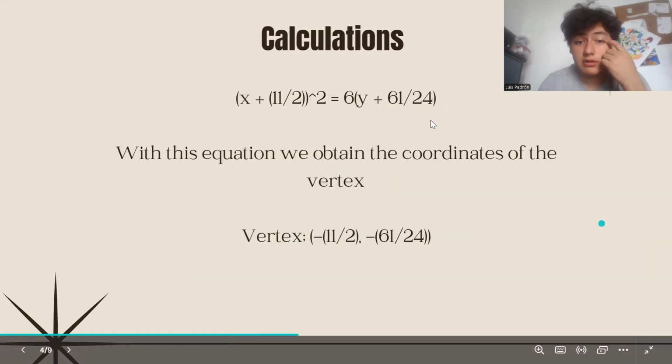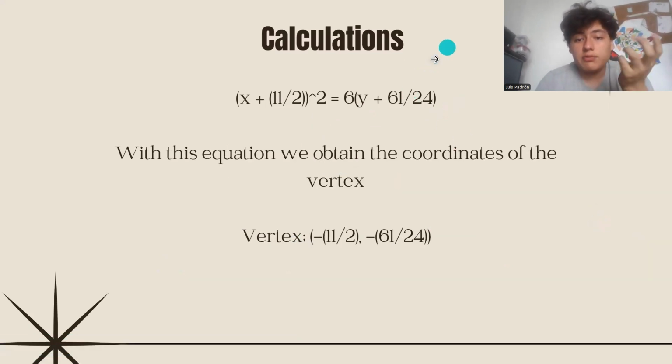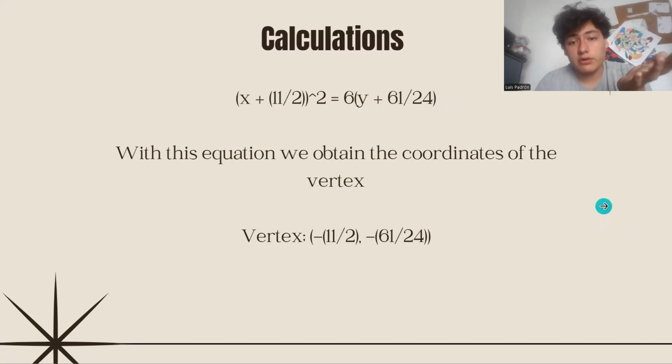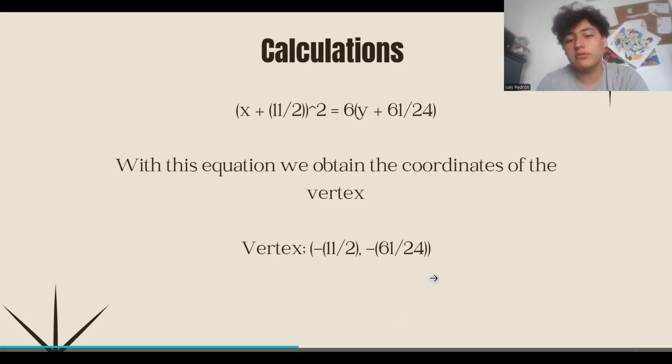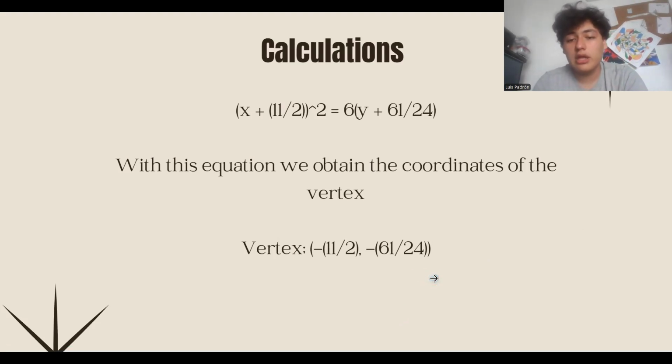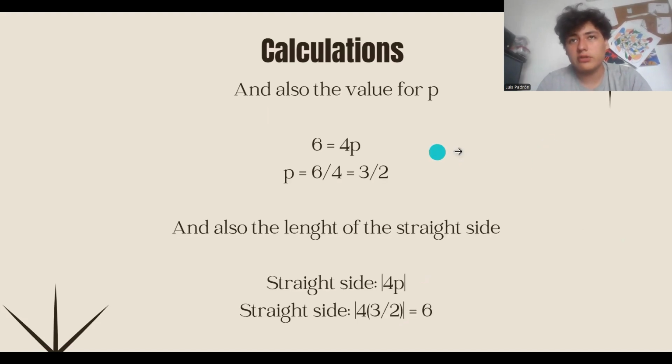What do we do with that? We can obtain the vertex after all, because h and k are the values of the vertex, being minus 11 halves, minus 61 over 24. And also, since 6 is the coefficient of the y values, that's the length of the straight side.